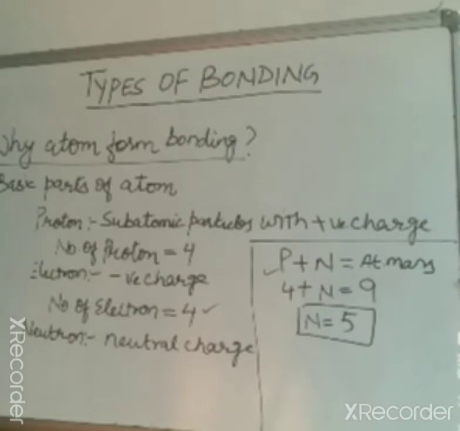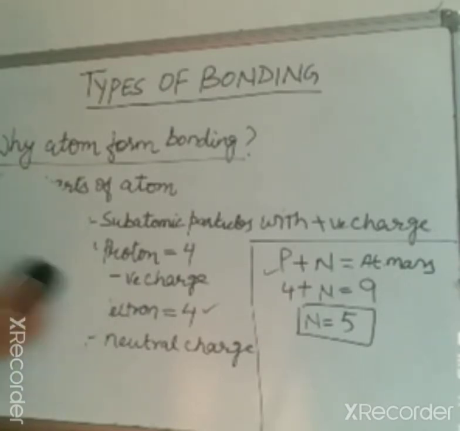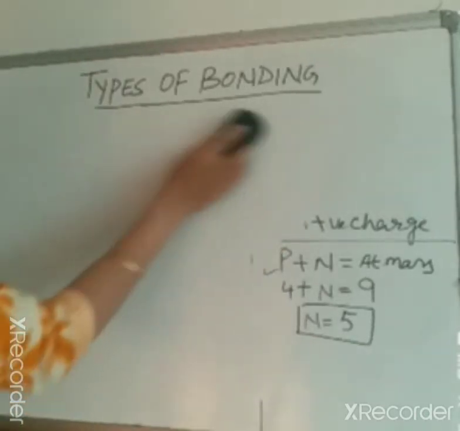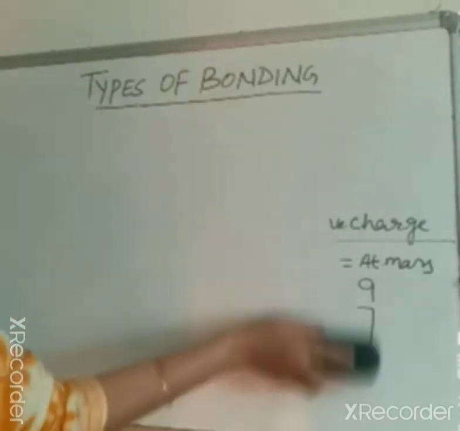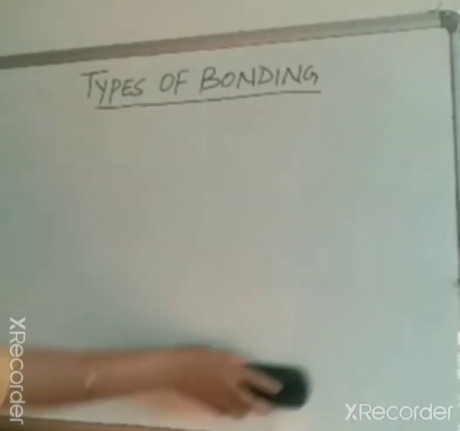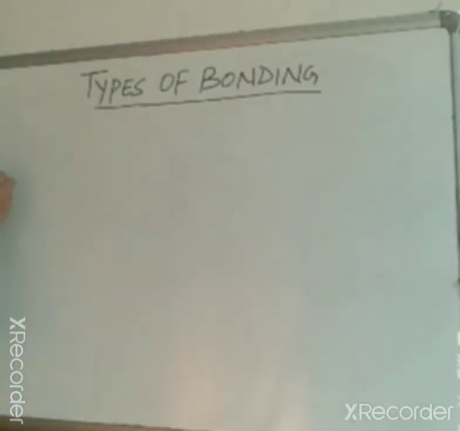We will see it like this. This is the nucleus of beryllium. This consists of protons plus neutrons. This is the first energy level. This is the second energy level.